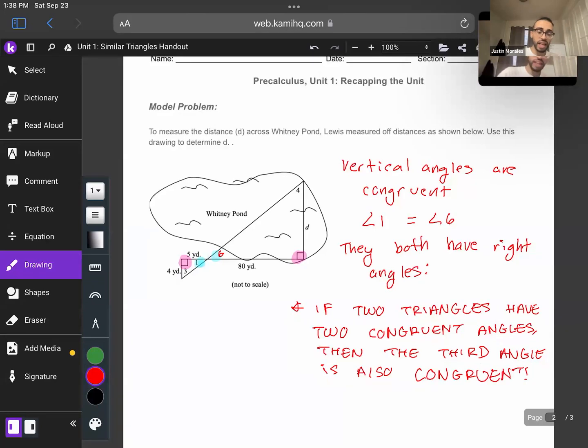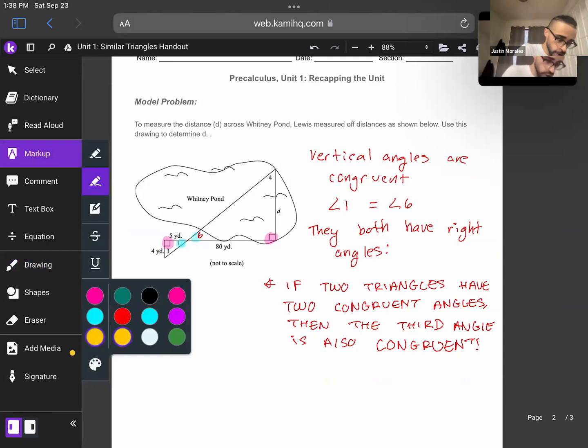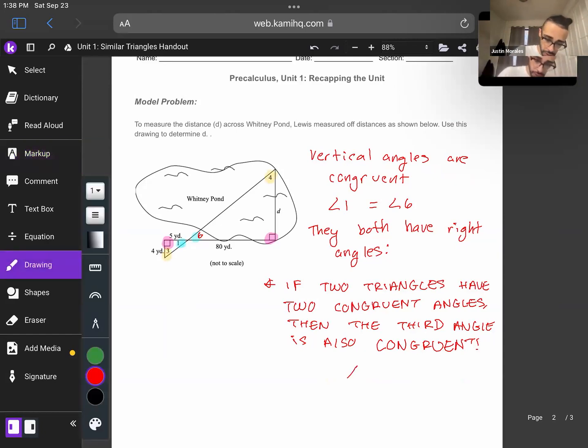So this is enough of a claim for us to say that angle 4, let me use a different color, angle 4 will be congruent to angle 3. Thus, because all three angles are congruent, we can say these triangles are similar.